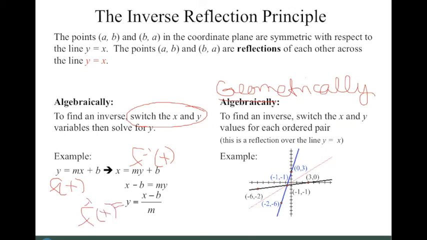What will that look like graphically? Well, graphically, we're doing the same thing. We're switching our x and y values, which looks like a reflection over the line y equals x. And so when we're reflecting over that line, we would take the point (3, 0) and change it to (0, 3). Now this graph is not perfectly square, like a piece of grid paper would be.